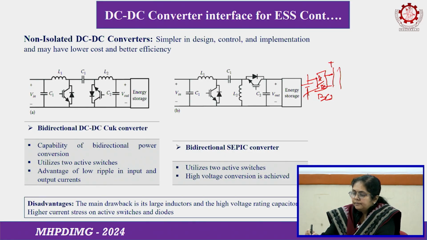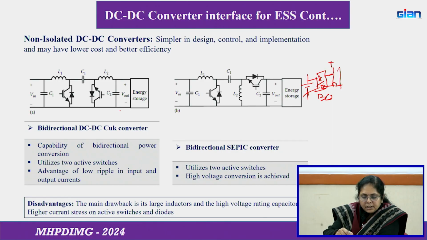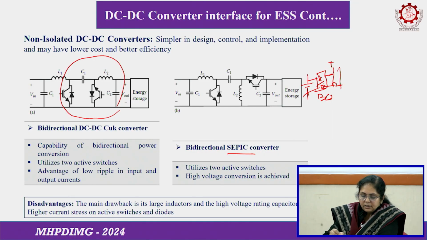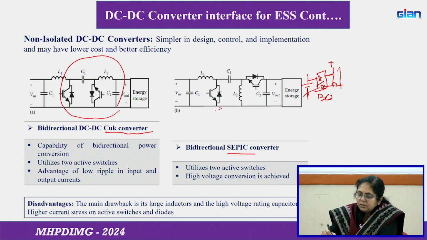And here, the topologies, which I am going to discuss first, are the Cuk converter and the SEPIC converter, which are also used. These two converters use two active switches, and there are all the other filter components.